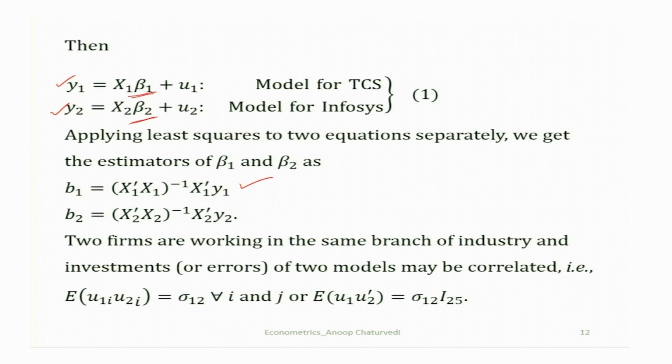Say any changes in the policies of the government, and suppose those policies are going to support the IT companies, then those changes are going to affect both TCS and Infosys in a similar manner. Then these U1 and U2 may include some common factors.